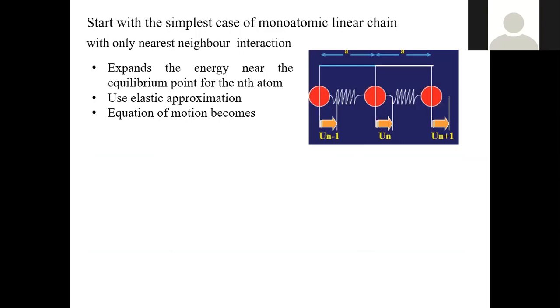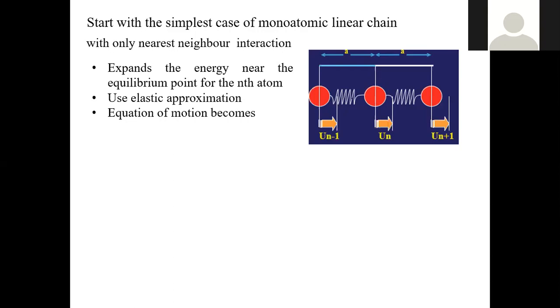So in that case, we consider one monoatomic linear chain here. We consider the atom at x position with its displacement un at a particular time, and the right-hand side adjacent atom with displacement un plus 1, and the left-hand side atom with displacement un minus 1.